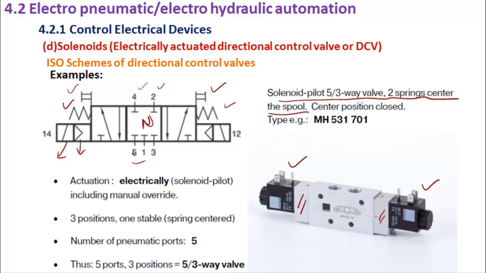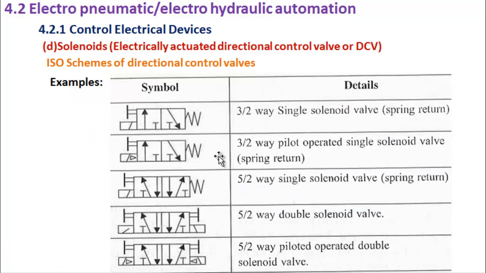Why do we call it a center? Because the normal position is in the center. Like that, whenever you look at the symbols, you can see the symbol. I will not read each one of them. You can pause the video and read this to understand how, looking at the schematic, you can understand the valve or the DCV.